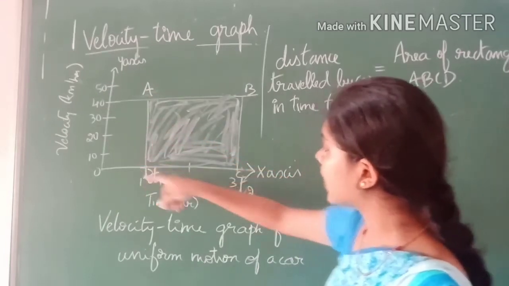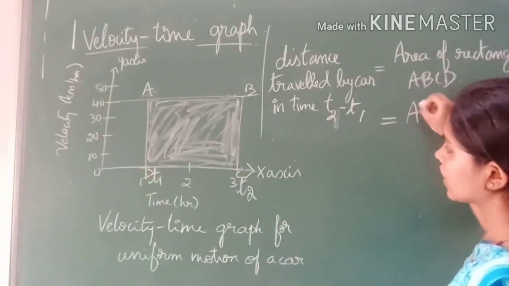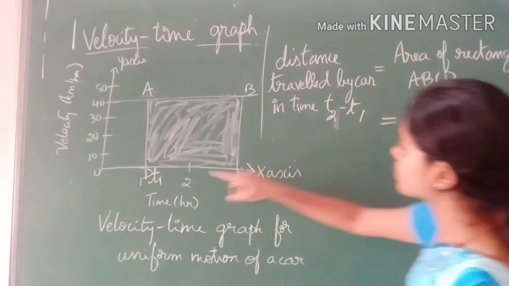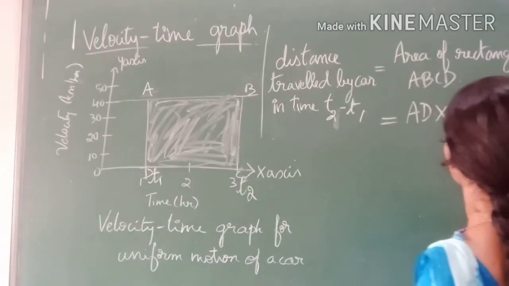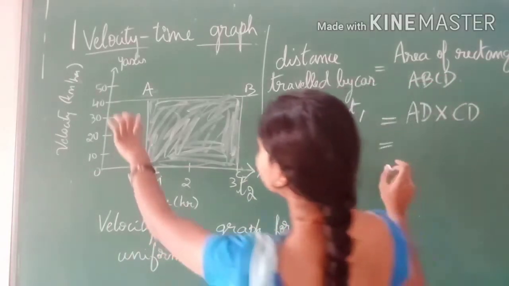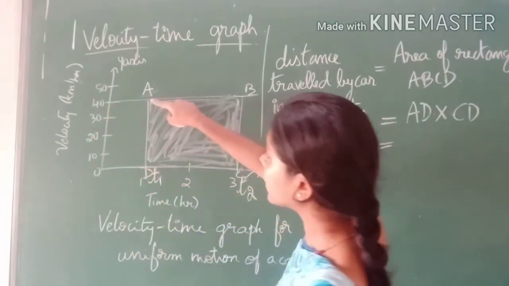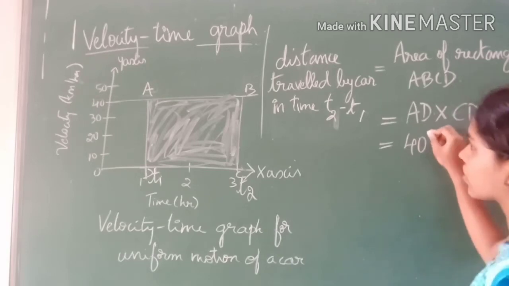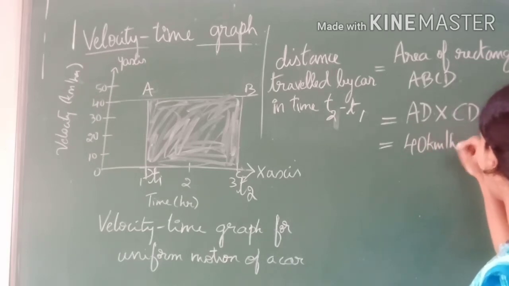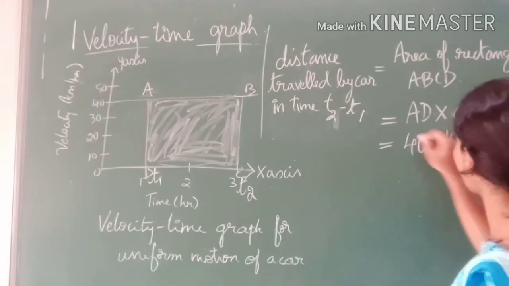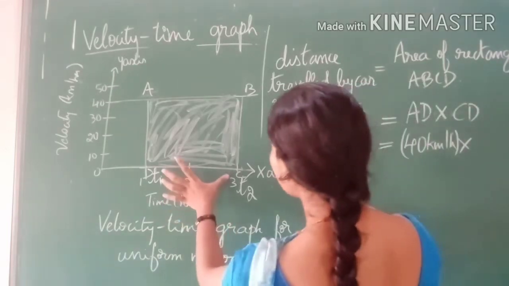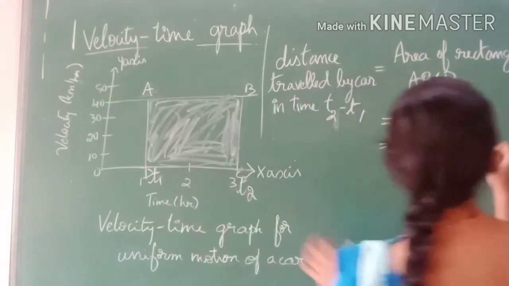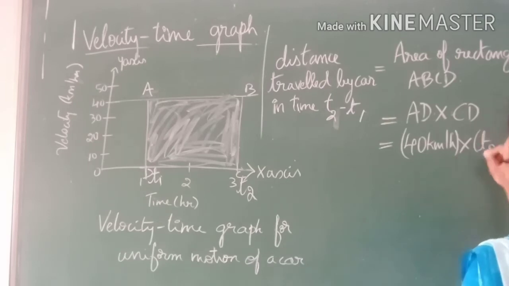Here length is AD, which is the velocity, 40 kilometer per hour, and breadth is CD, the time taken, that is T2 minus T1.